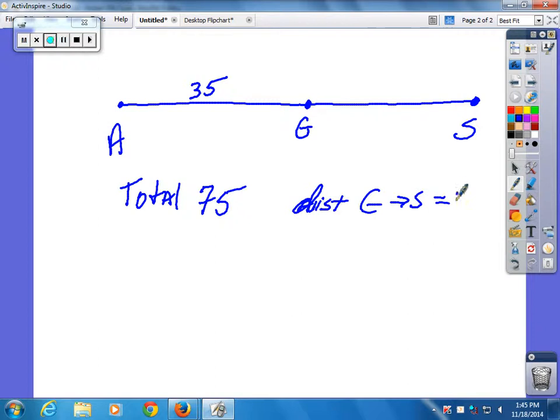How did you get that so quick? What did I subtract? You said 75 minus 35, but what are they? A big number, big distance, minus the what?